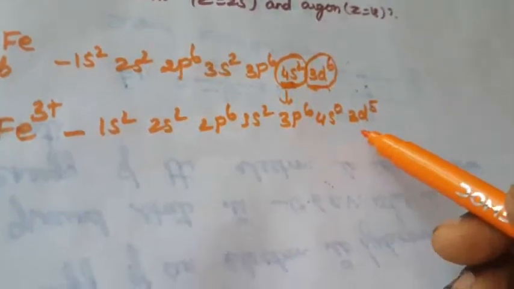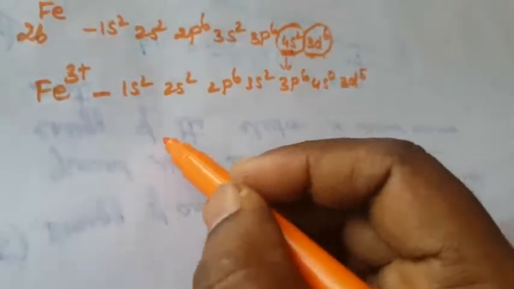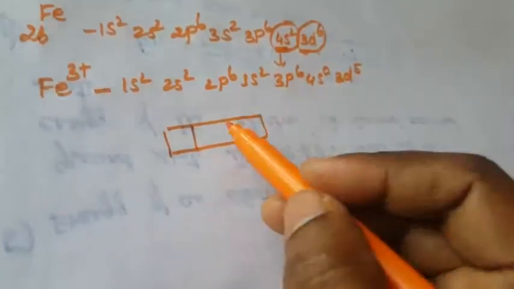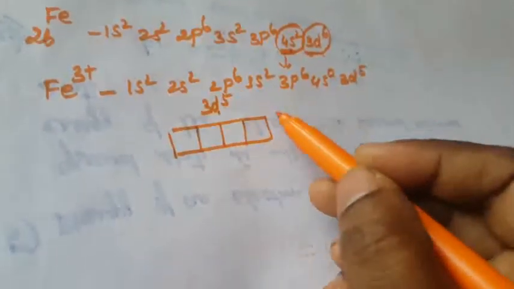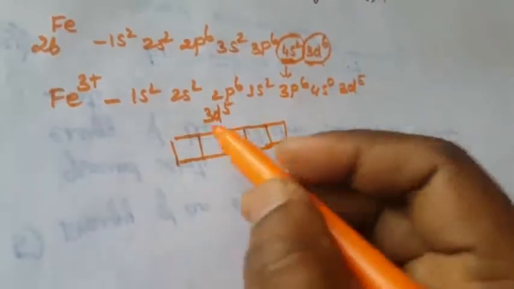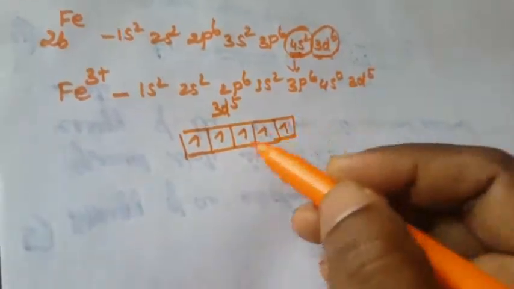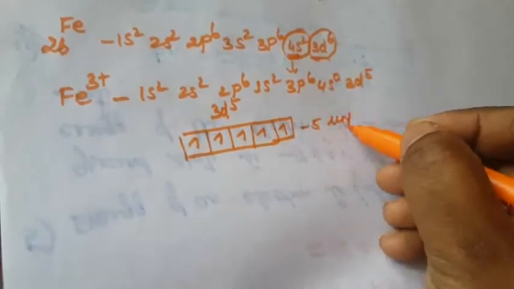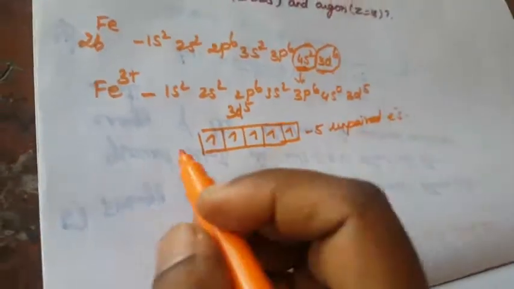That is the reason I am writing here 4s0, 3d5. The question is how many unpaired electrons are present in the outermost orbital. That is the d orbital, 3d5, right? 3d5 means 1, 2, 3, 4, 5. That is 5 orbitals, 5 unpaired electrons. Okay, so this is the first one.